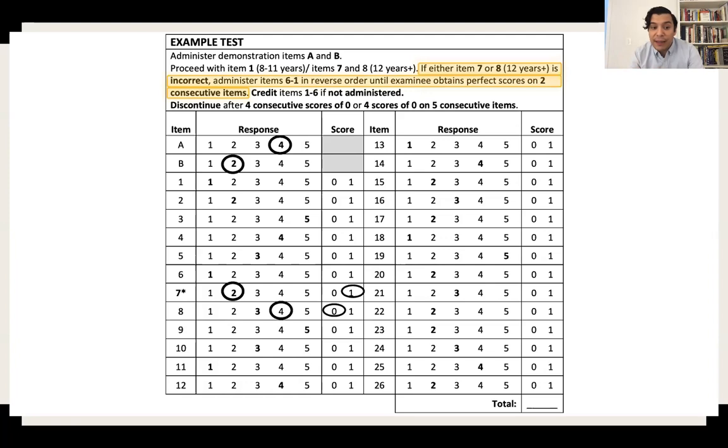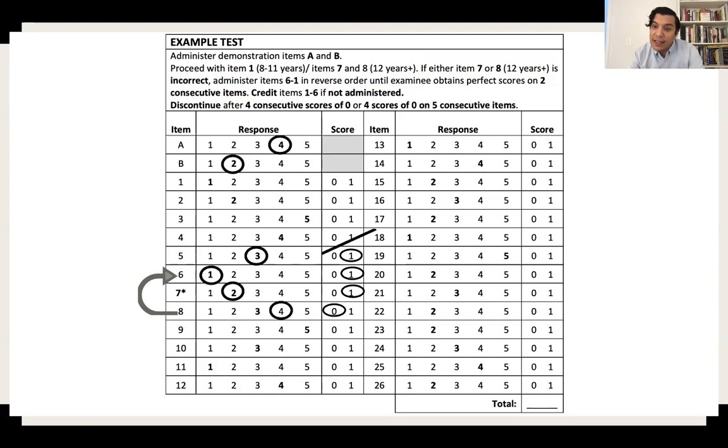And so from item 8, we would then go to item 6. We administer item 6. The examinee responds correctly. We then administer item 5. The examinee responds correctly. So that's 2 consecutive perfect scores. And so we have met that rule.